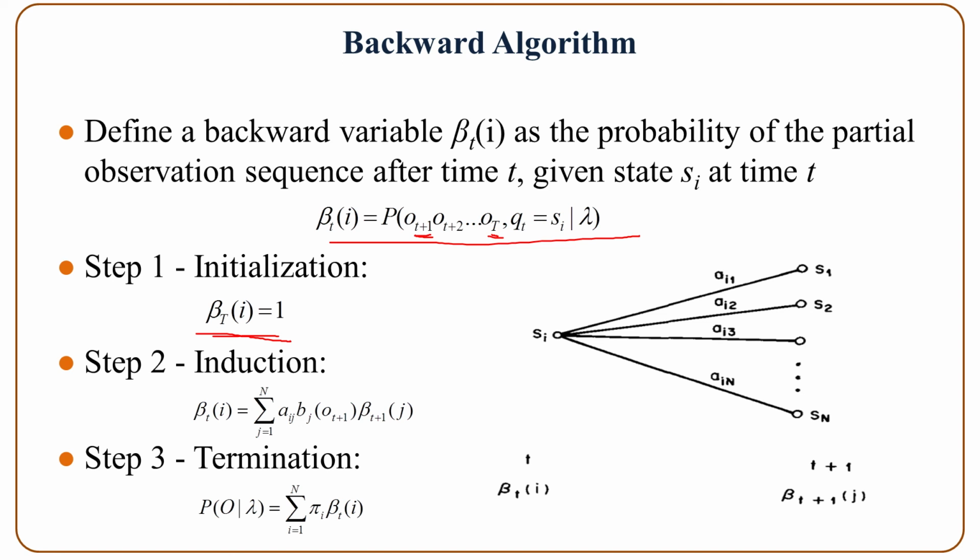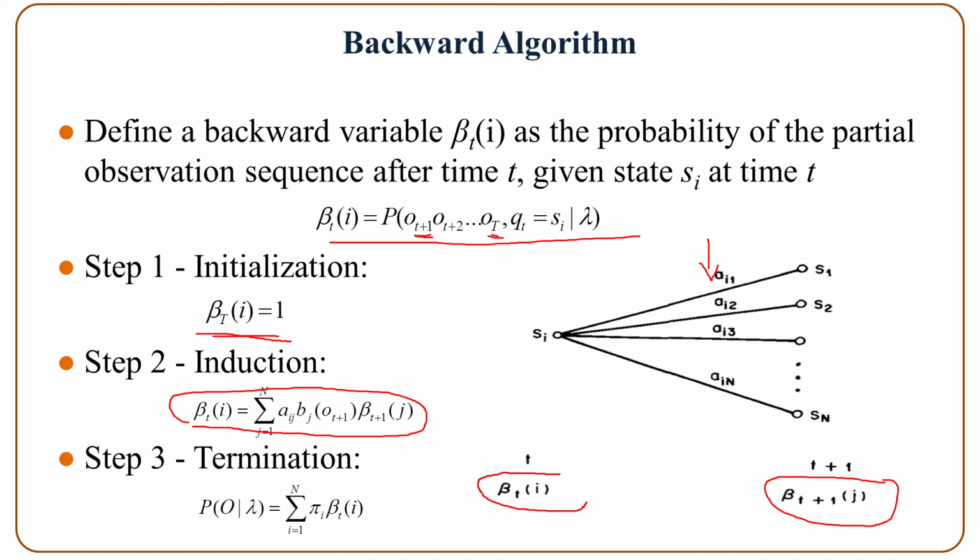And then we compute backward. The computation for beta is illustrated here. From beta t plus 1 of j, we compute beta t of i.